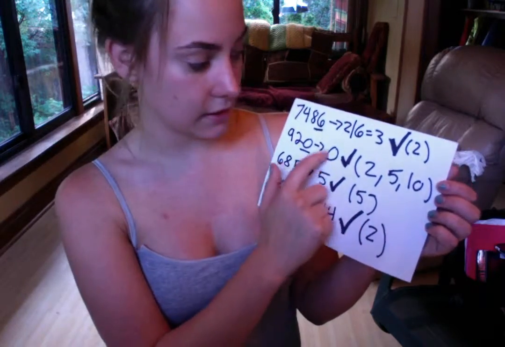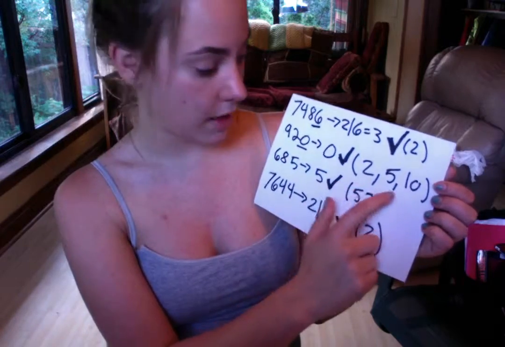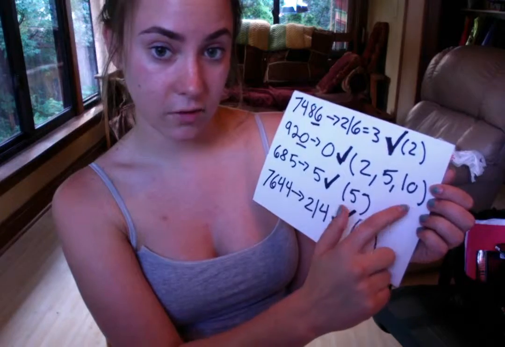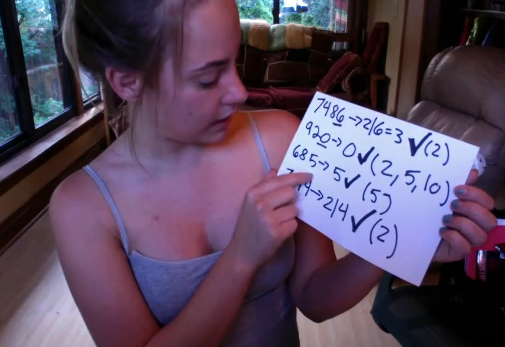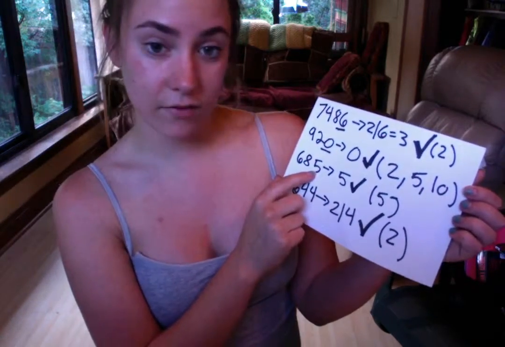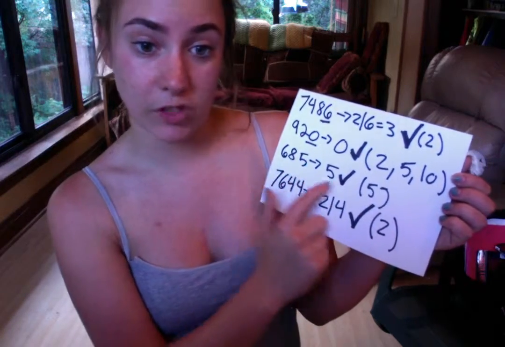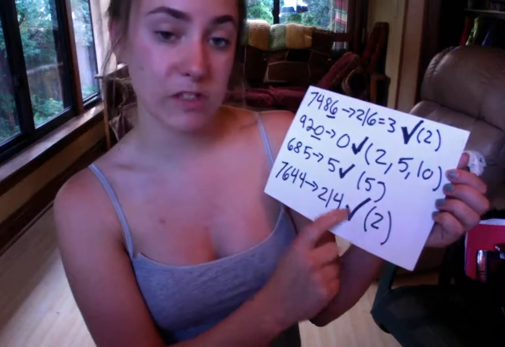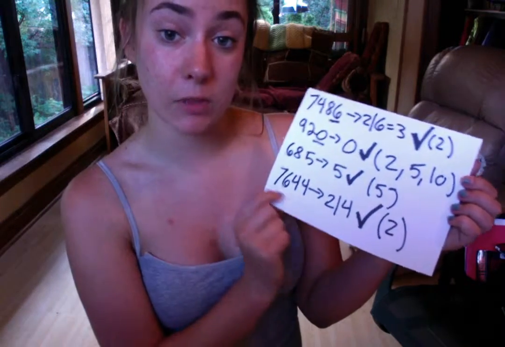The 0 means 5 and 10, always. 685. Here we have the 5, which means the whole number is divisible by 5. 7,644. 4 is divisible by 2, meaning this number is divisible by 2.